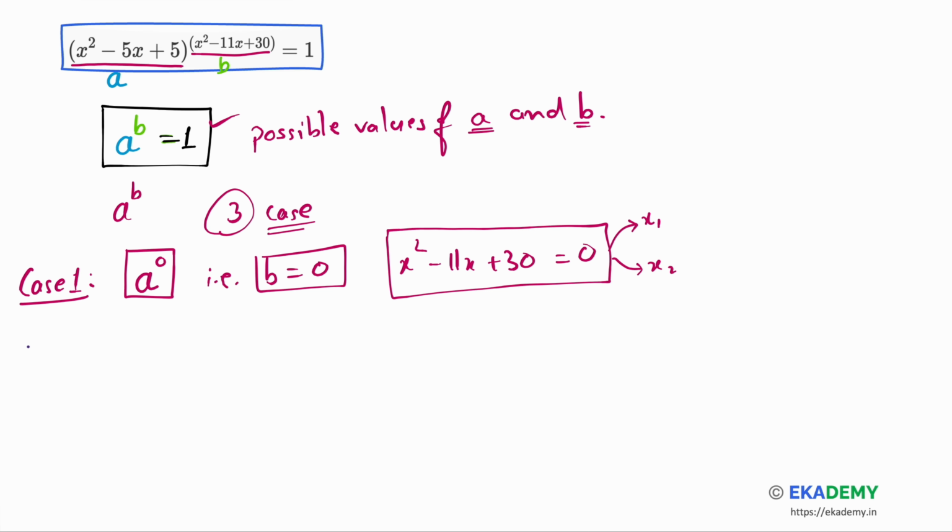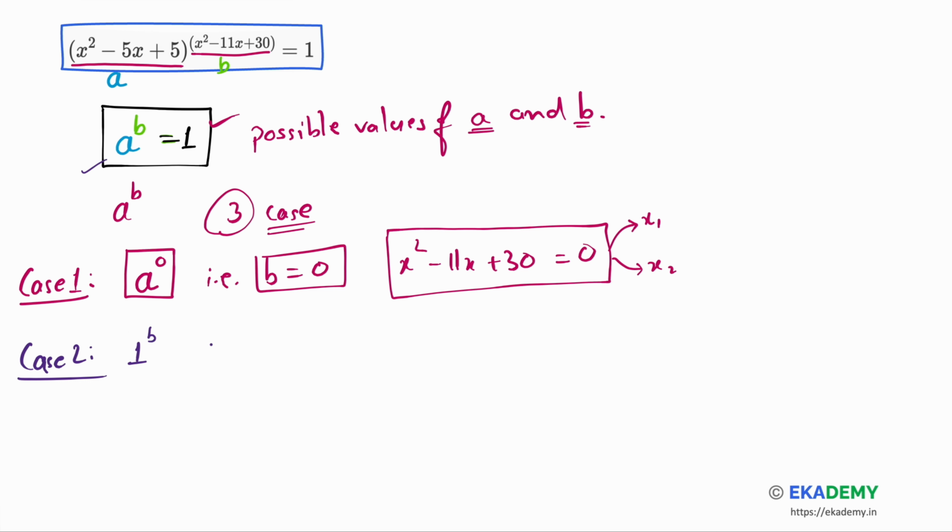Now you can easily guess what would be the second case which satisfies this equation. That means when a is 1, we know that 1 raised to the power any number is always 1.